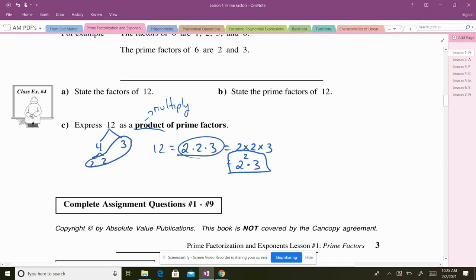If I said, what are the factors of 12? 2, 2, and 3. Well, I mean, you could say the factors of 12 are 4 and 3, but that doesn't really help you. The prime factors are what we're going to look for, and that's what I will ask for on the test. Okay. Anything else?